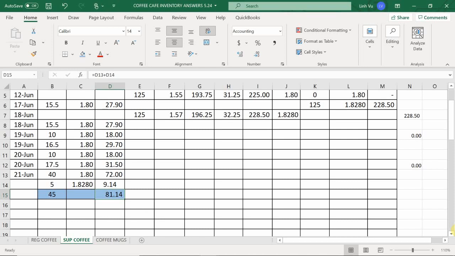So now we have to update the last thing here, which is those 5 pounds. $9.14 should leave us with 6 cents left.